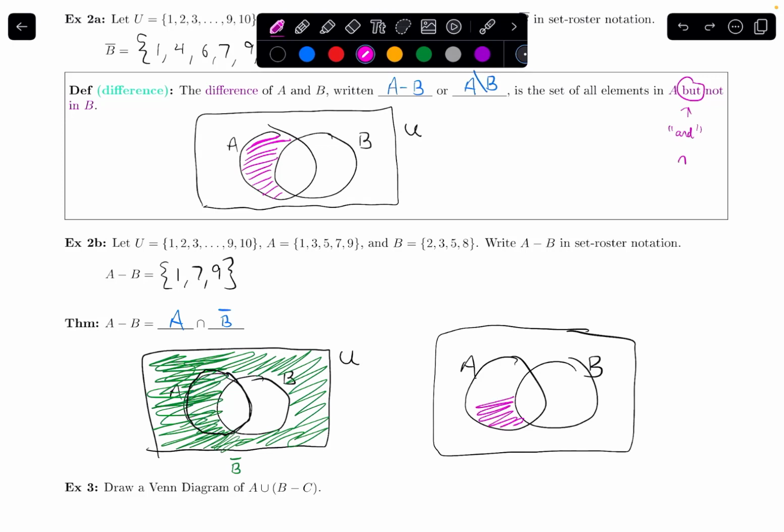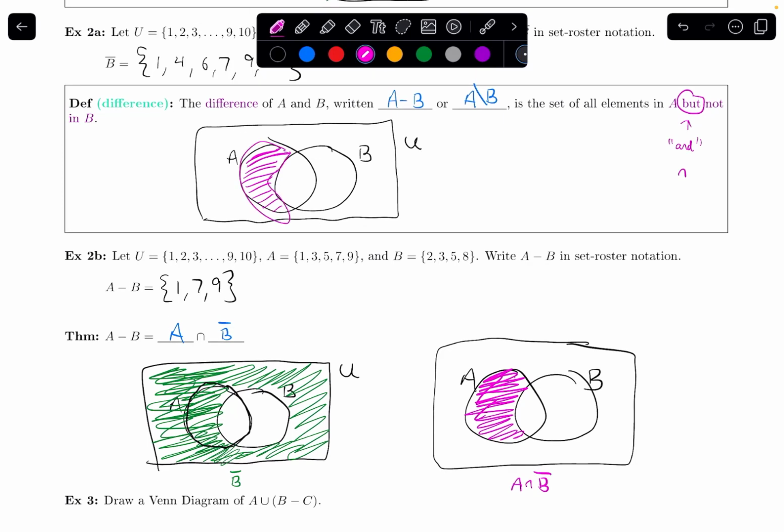I'm going to shade that in, and that is A intersected with B complement. It's the same thing that we were shading in when we shaded in the difference. So that visually shows why we'd expect these to be the same.